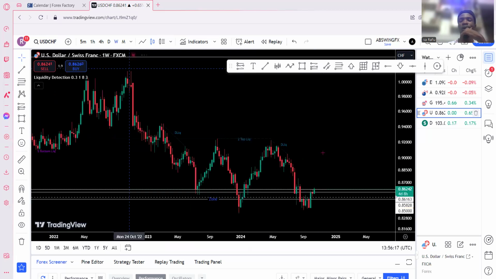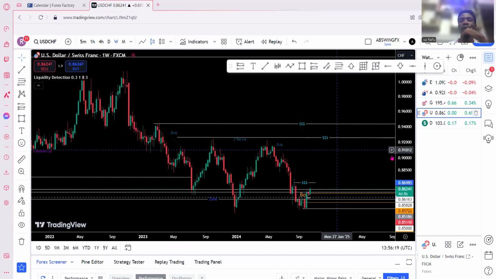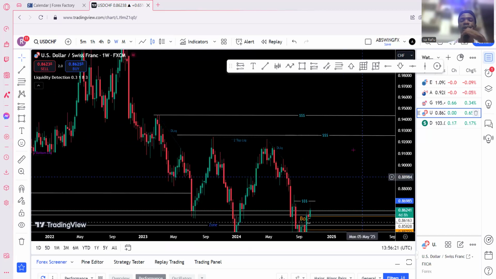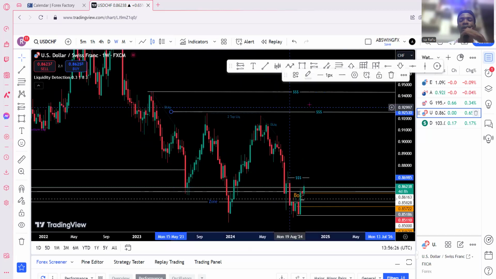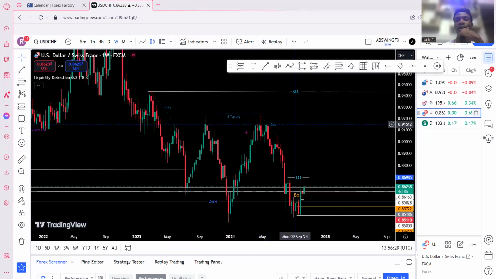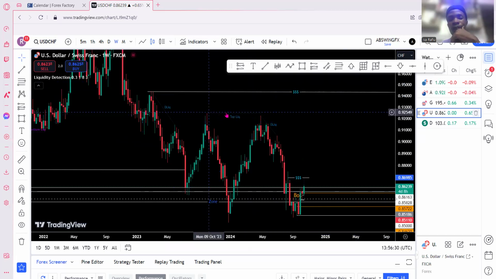Now, on a weekly time frame, you can see it's still doing wonders. Liquidity here. Liquidity stands here. Can you see liquidity stand at this top?